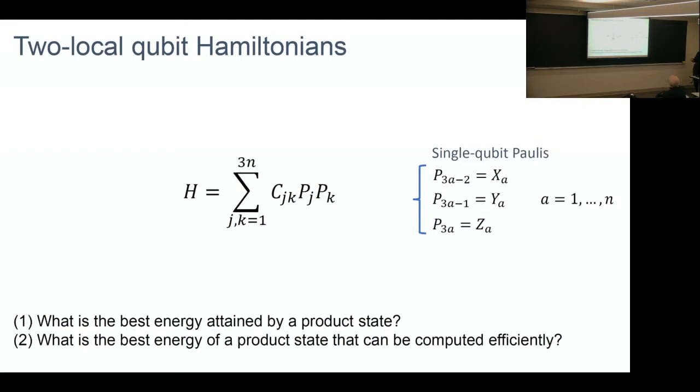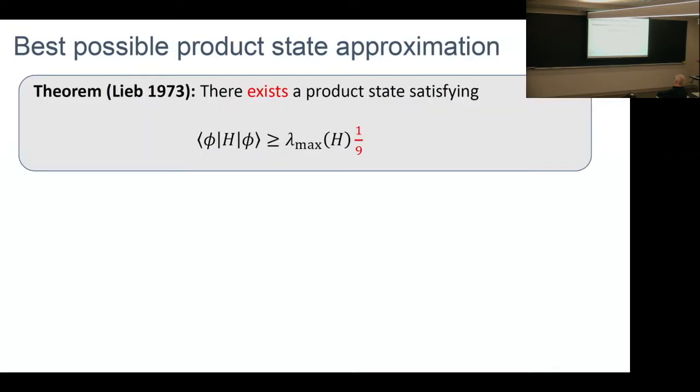So then we have our two questions, right? What is the best energy attained by a product state? And what is the best energy of product states that we can compute efficiently? So there's an interesting theorem due to Lieb from 1973, which is that there is always a product state that gets a ratio of 1/9.